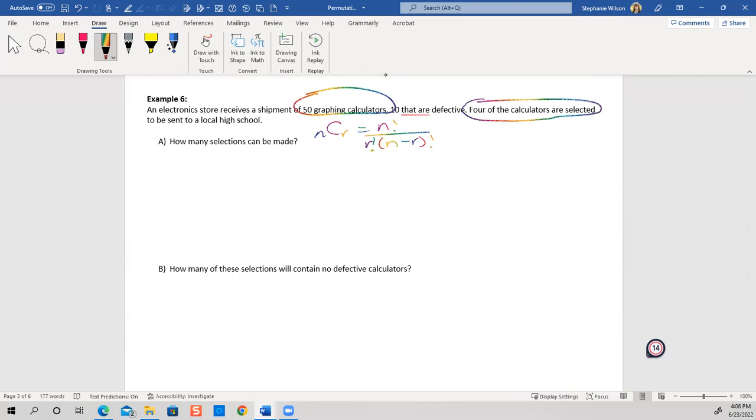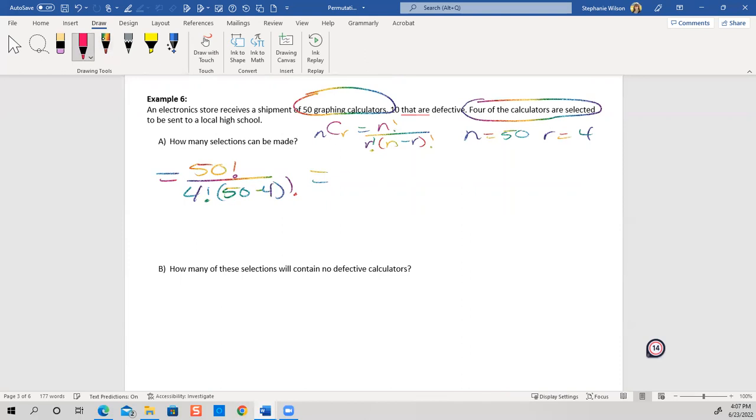So I know my N is going to be 50 and my R is going to be 4, because remember, R is R at a time. Okay, so now let's just plug it in our formula. I have 50 factorial over 4 factorial times 50 minus 4.